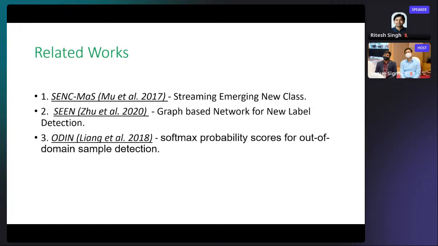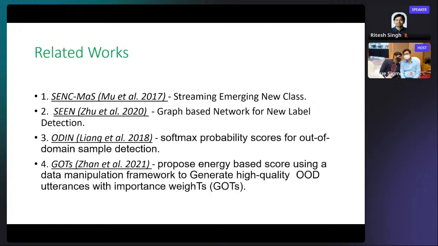It uses softmax probability scores for out-of-domain sample detection. Another algorithm was published recently by Zhan et al., 2021. It proposes an energy-based score using a data manipulation framework to generate high-quality OOD utterances with importance weights. In short, it is termed as GOT.